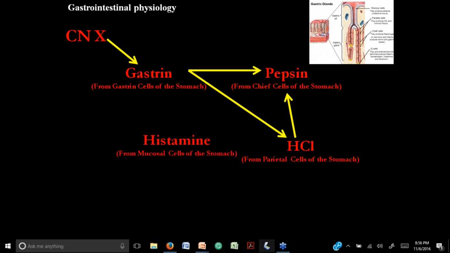Then we have the histamine. If you remember the histamine, some medications, for example, we have the ranitidine, cimetidine, and famotidine, and what they are doing is blocking H2 receptors. They last about 12 hours of effectivity.